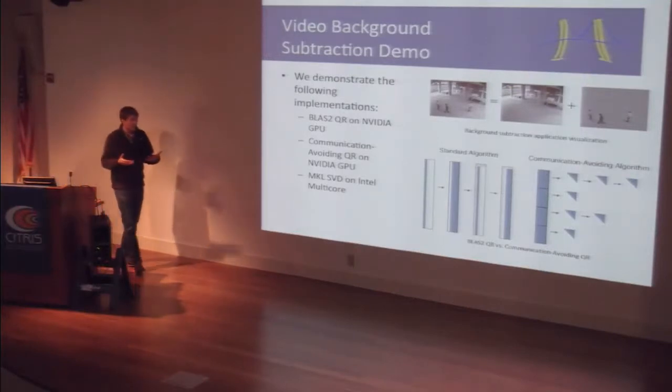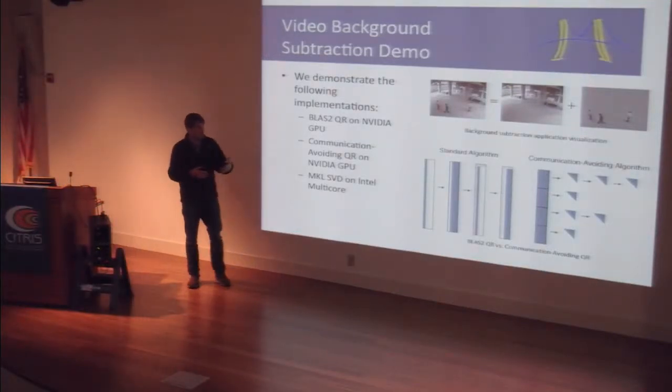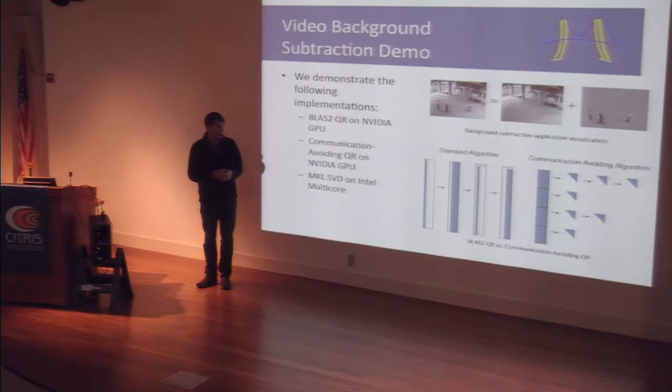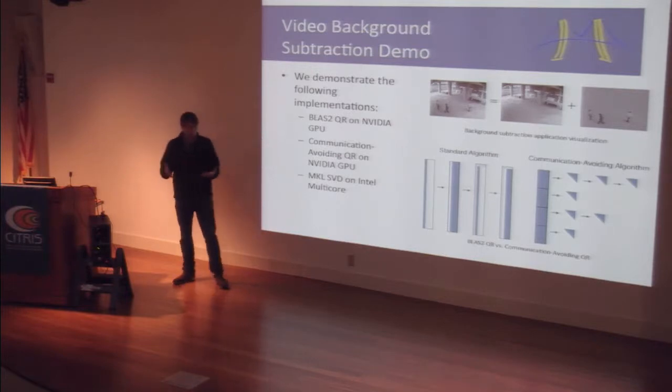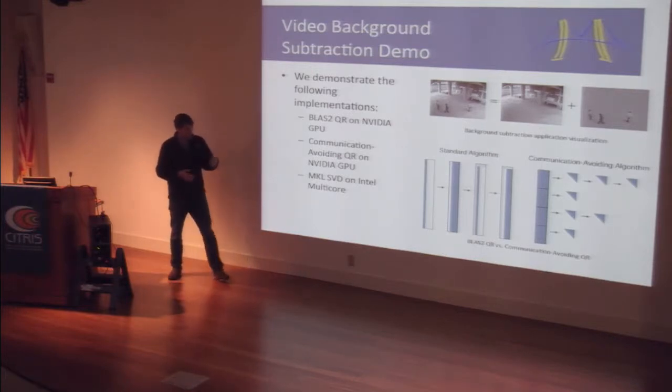And the interesting thing that we did actually was, instead of using the standard QR factorization algorithm, we employed a new communication avoiding algorithm that was developed by Jim Demmel's group.